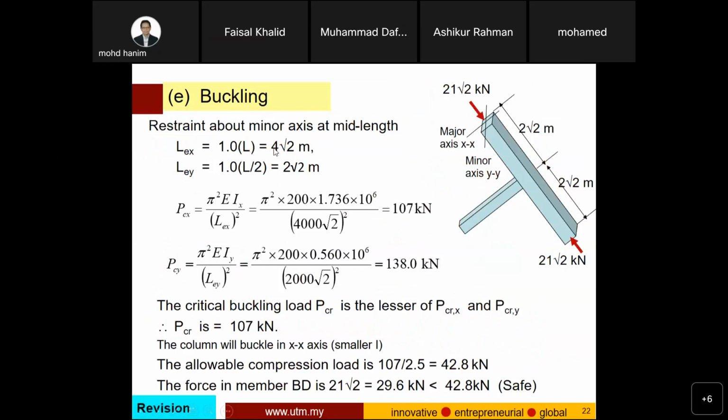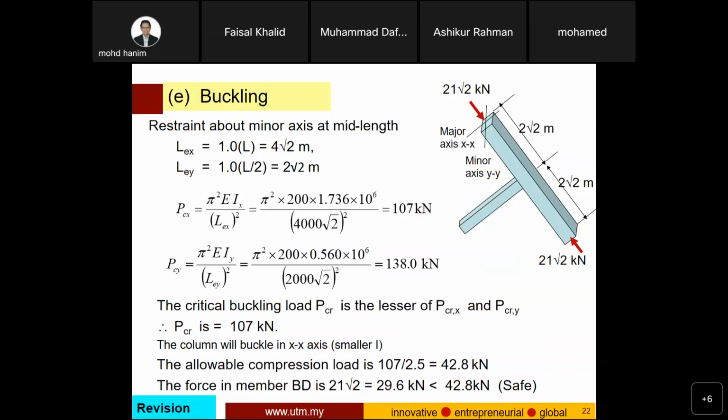So if you use this slenderness ratio about minor and major axis, then we can calculate the P critical based on bending stiffness. Okay, so PCX equal to 107 and PCY equal to 138.